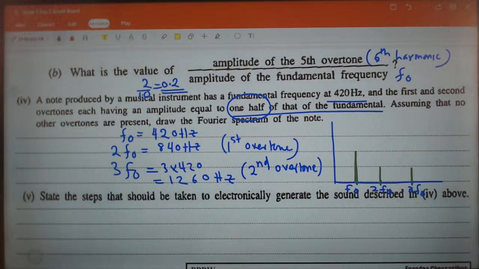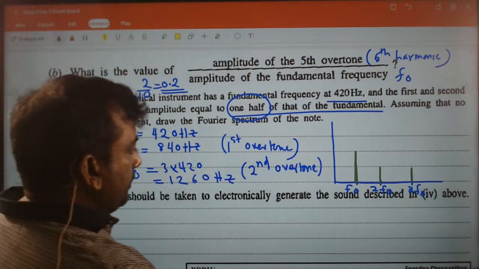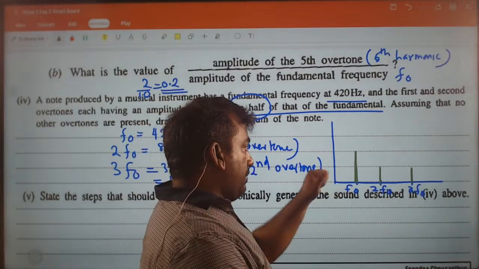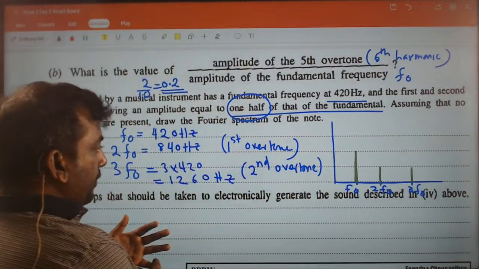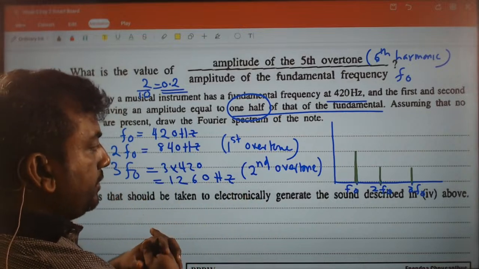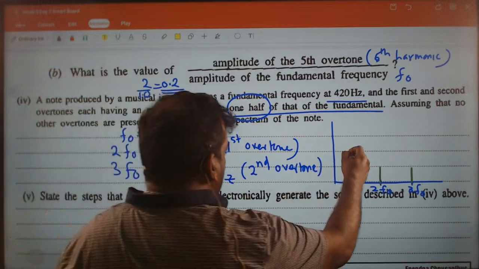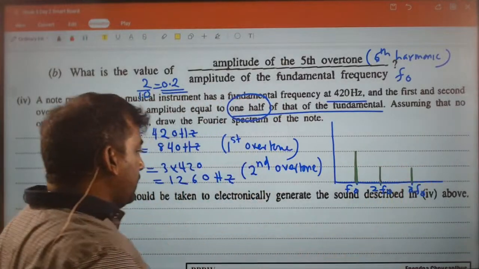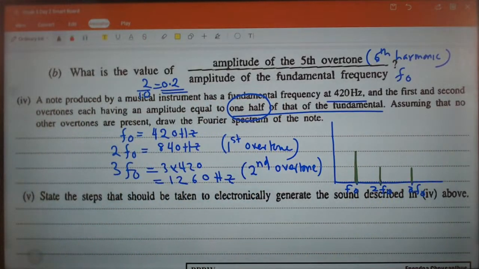State the steps that should be taken to electronically generate the sound. So how do you generate the sound? Here is amplitude, here frequency F0, 2F0 and 3F0. The amplitudes are A over 2, A over 2. So they should superimpose each other.